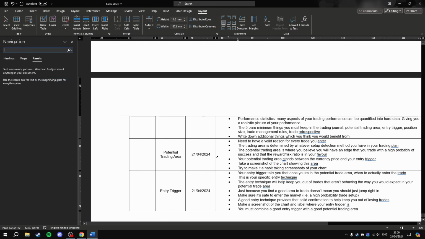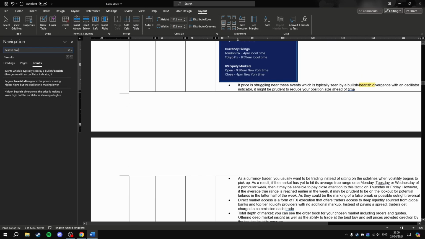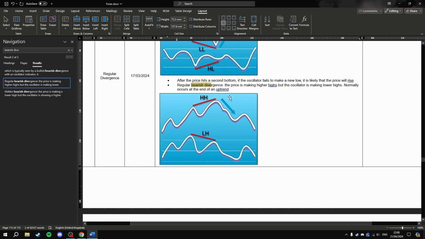So let me just see what it looks like again. Regular bearish divergence: the price is making higher highs, but the oscillator is making lower lows.